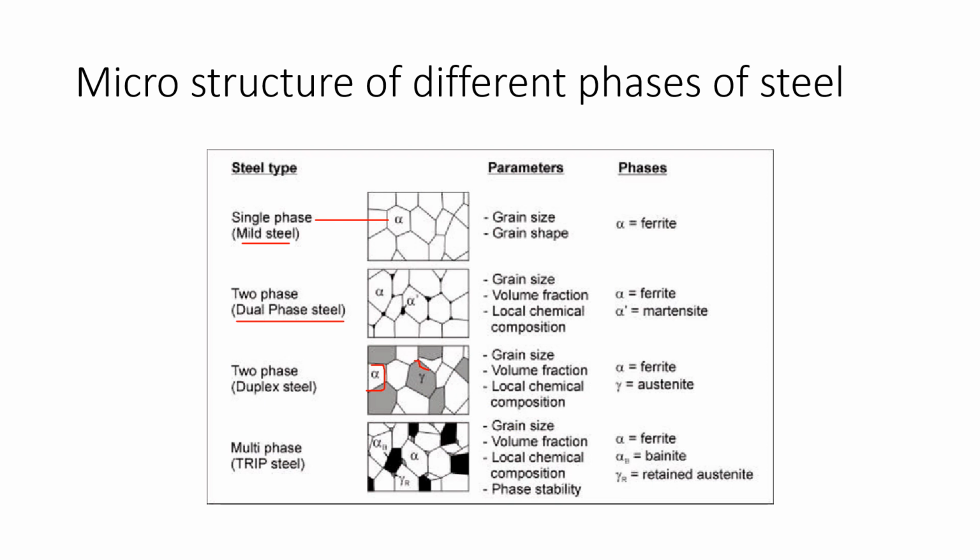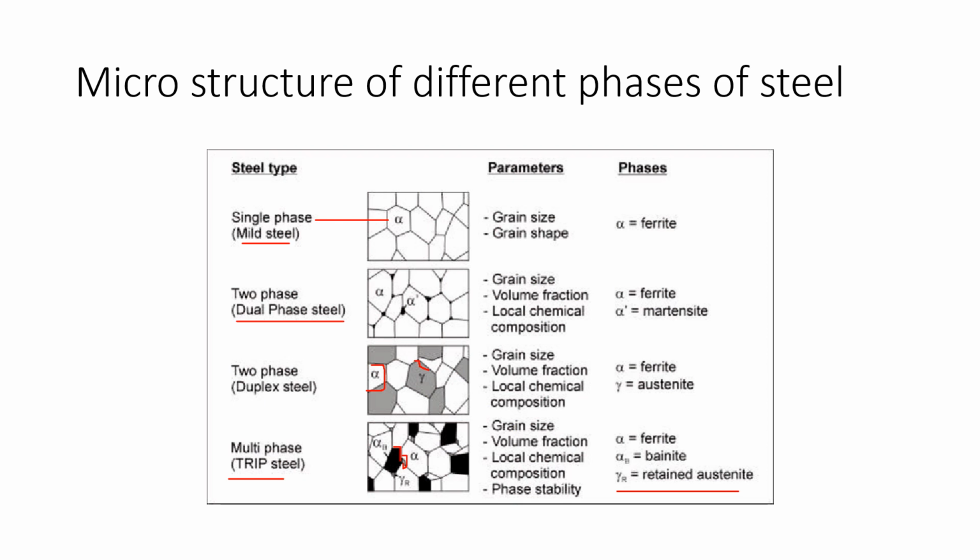For the multi-phase TRIP steel, we can see different types of grains in the microstructure. One is alpha grains, the other are dark regions. The third one is small other particles. We can call it retained austenite, gamma.